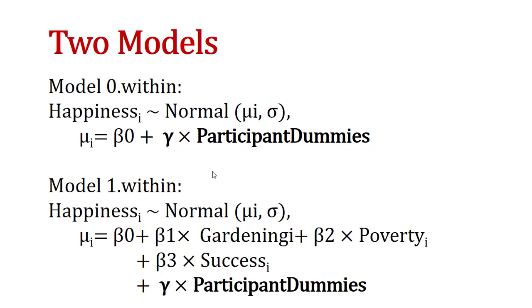That's because the four observations that each participant contributes are not independent. They come from the same individual. So because that assumption of independence is violated, we need to do something about it.